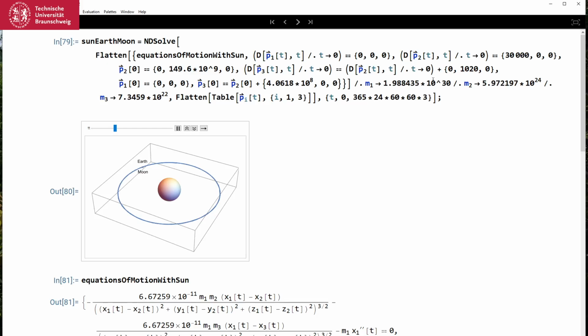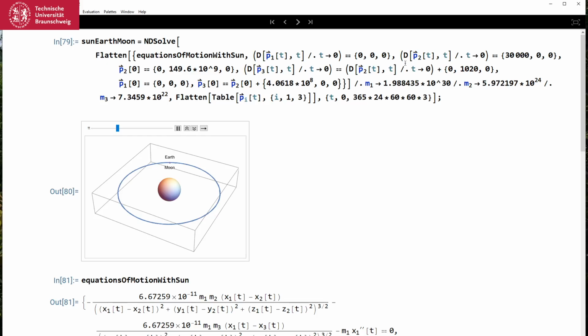The sun is pretty big, so we did not compensate for the momentum of the system, but here we don't see a lot because the sun is pretty big compared to Earth and Moon. We simulate this for 3 years.